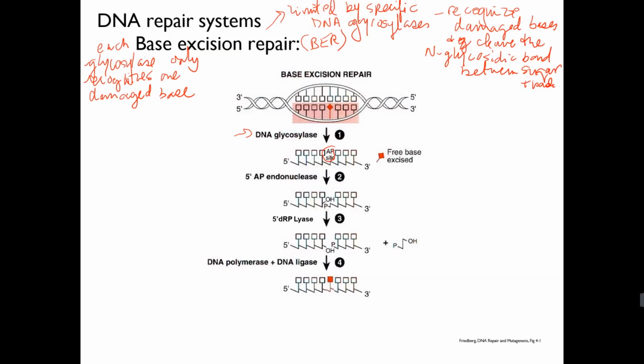Okay, so this is step number 2. And it cleaves on the 5' side of the AP site. So if we're looking at our strand, remember this is 5' over here and this is 3' over here. And again, it's called a 5' AP endonuclease.